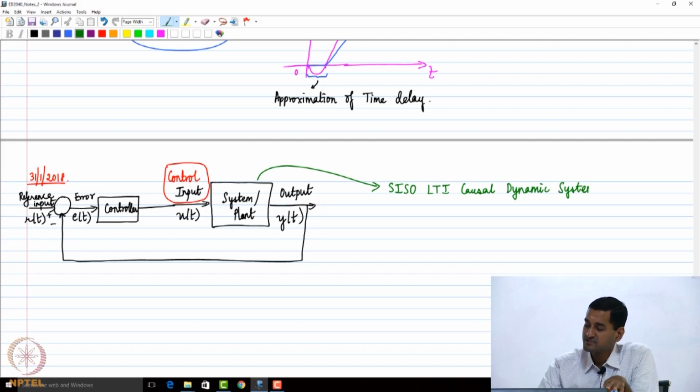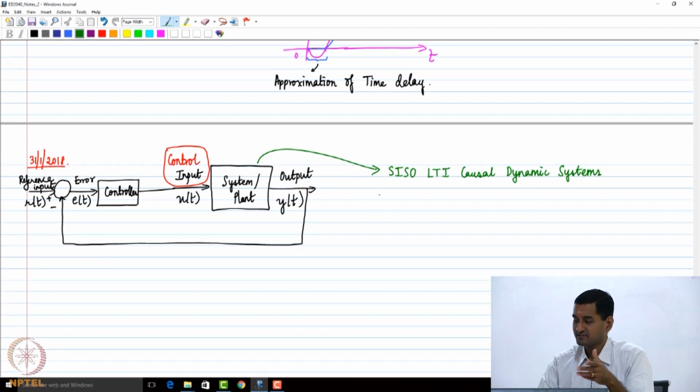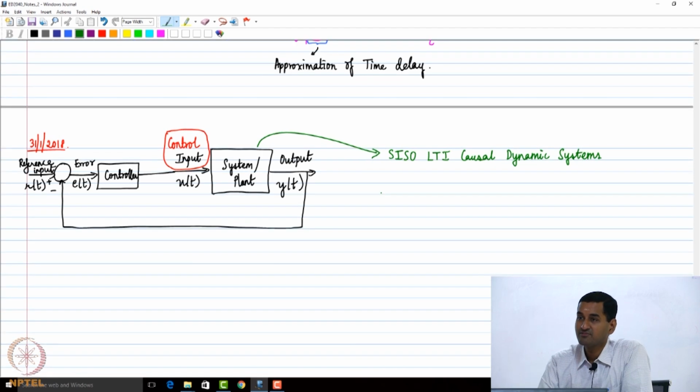Once again, I'm just recapping the big picture, because after these many lectures we have to see where we are. That's my objective in beginning with this discussion today. So we are dealing with SISO, LTI, causal, dynamic systems.